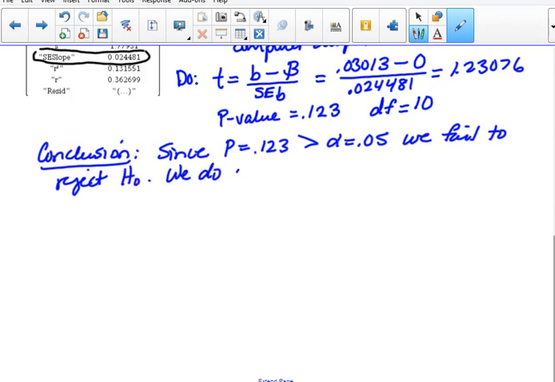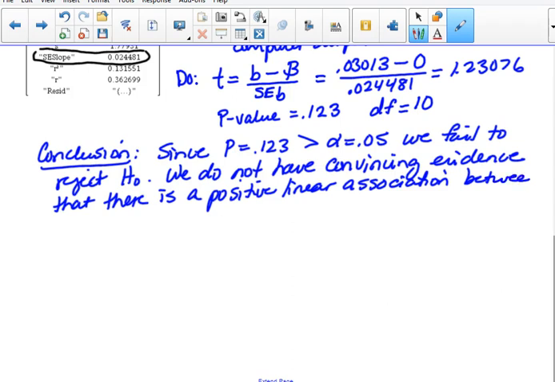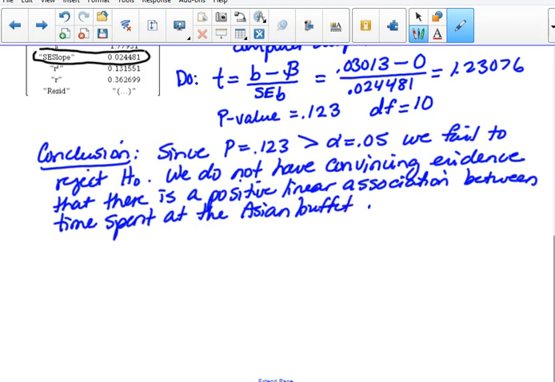We do not have convincing evidence that there is a positive linear association between time spent at the restaurant and the tip amount. So I'm going to say at the Asian buffet, since that's our specific restaurant we're looking at, and the tip amount.